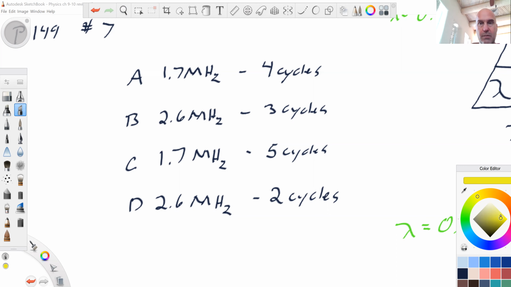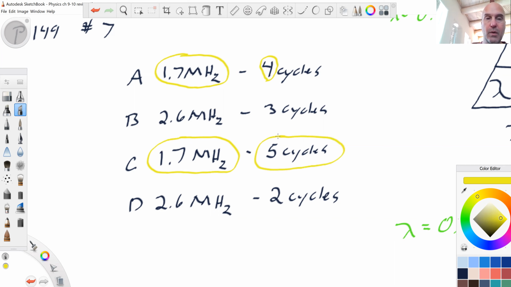So in general, we're probably looking at this one or this one. The other thing we worry about is cycles. We want as few cycles as possible. The more cycles, the worse our resolution. So let's see, 4, 3, 5, and 2. Well, that's not good, but this one's even worse. So letter C is the answer.